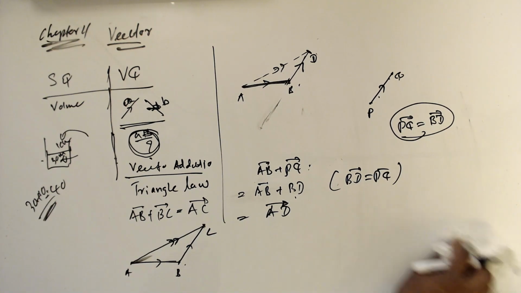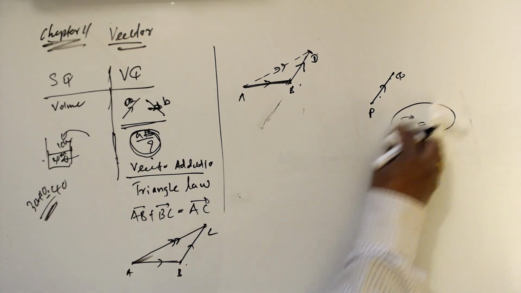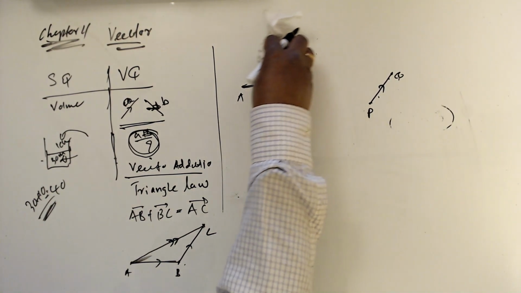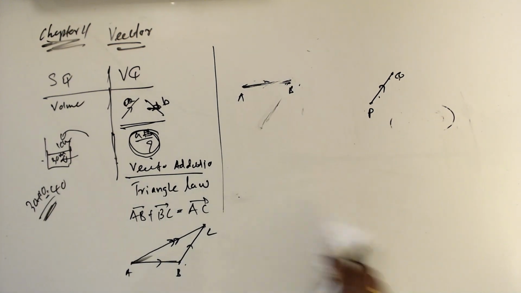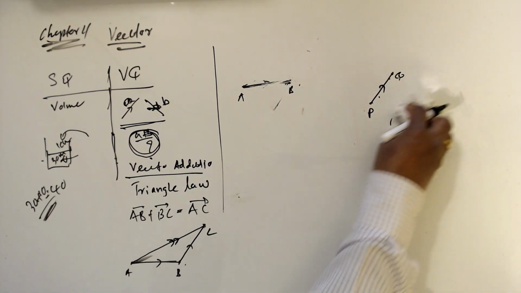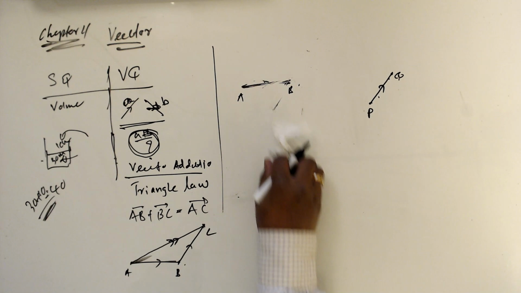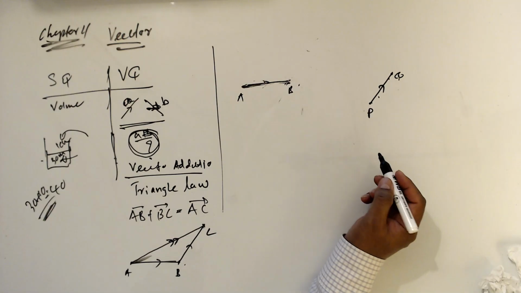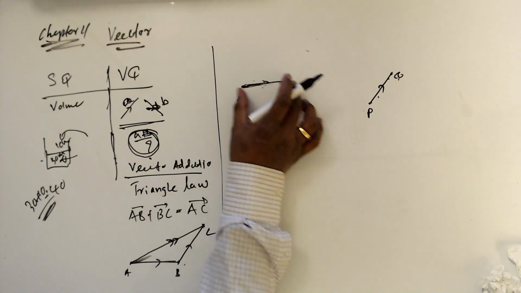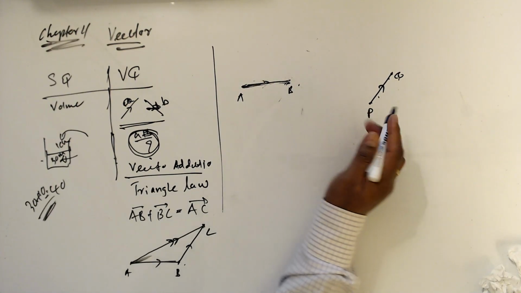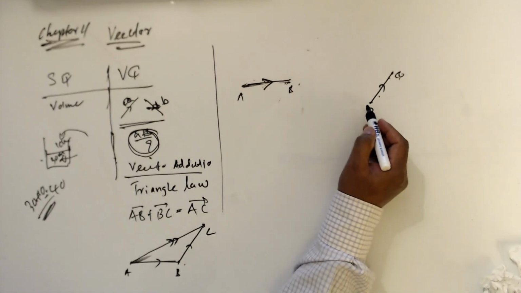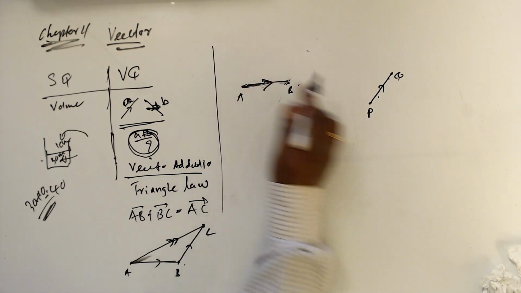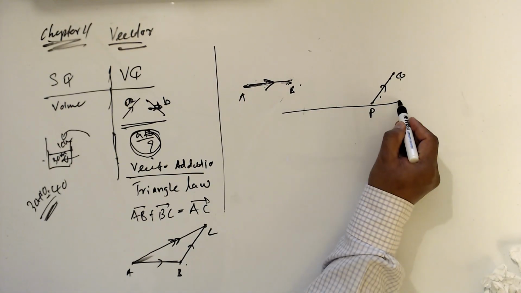Or else I can work the other way around. This is AB and this is PQ. I will create a similar vector to here. Still it works. So I'll do a parallel line first.